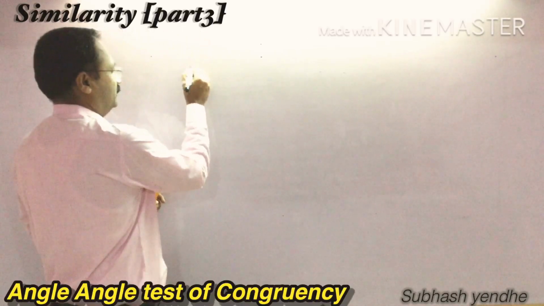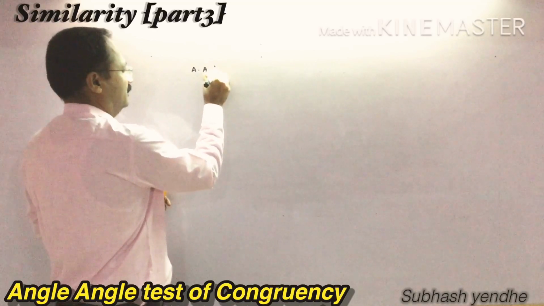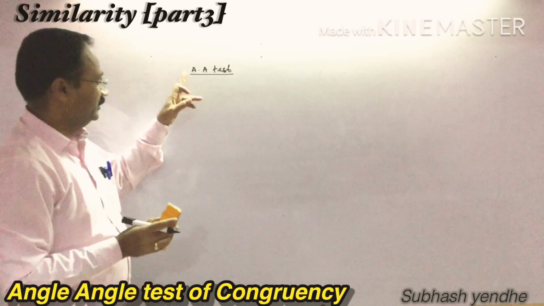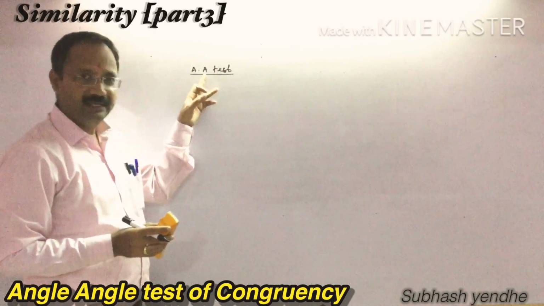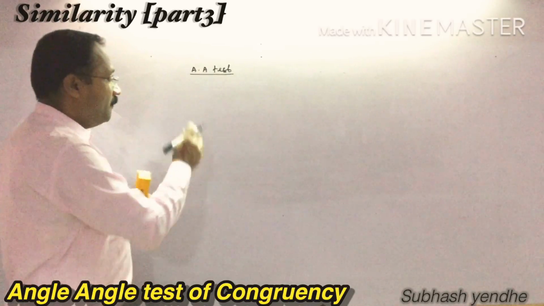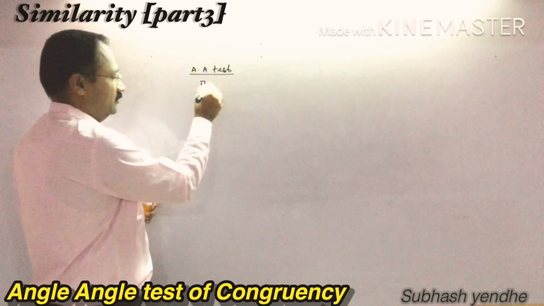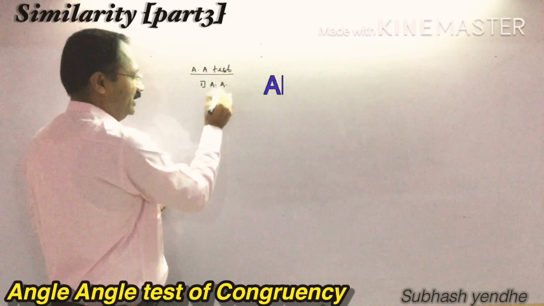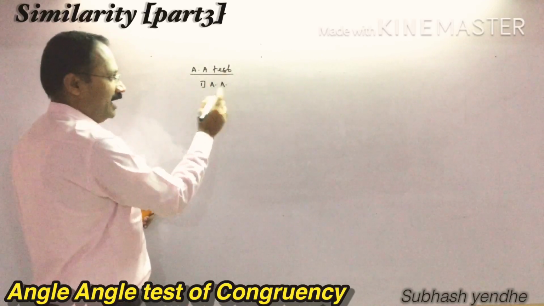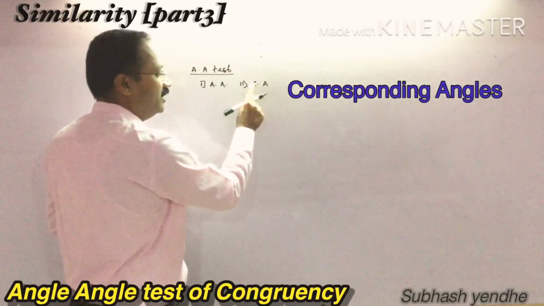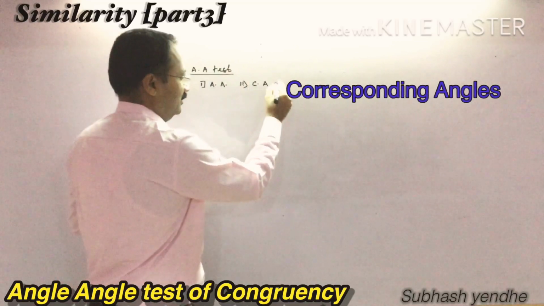In the AA test of similarity, the angle test, we need some angles. One is alternate angle. Second one is corresponding angle.